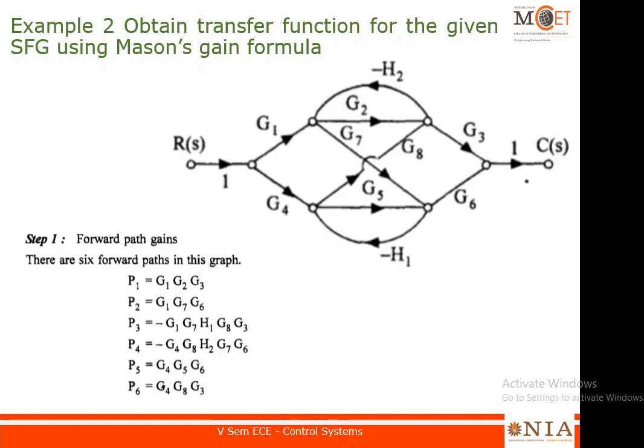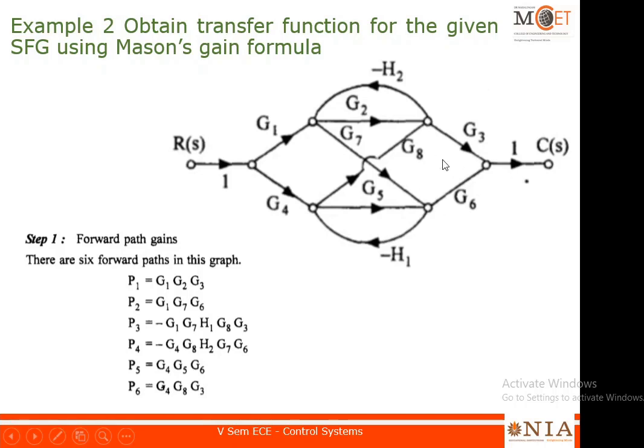The next point will be to find how many sets are there such that three loops are non-touching. Are there three loops which are not touching each other? No. Of course, the entire number of loops is three, and they are touching each other because this is a common loop touching both one and two. So there is no set of three non-touching loops. So there are only two terms in the del now, other than one.